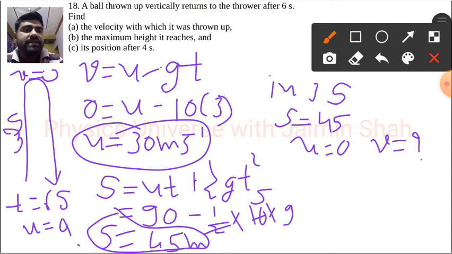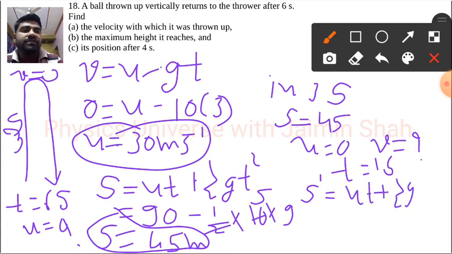So t for this travelling is 1 second, so we can put that again in the second equation of motion as s is equal to ut plus half gt square. Now it is downward direction, so g is positive, so s is equal to 0 plus 5 into 1 square, which is 1, so here the answer will be 5 meter.